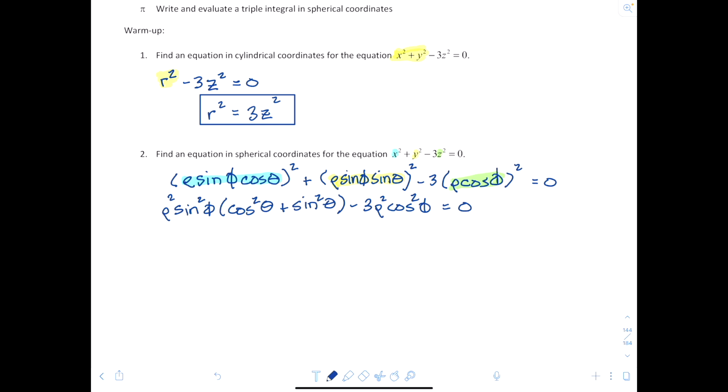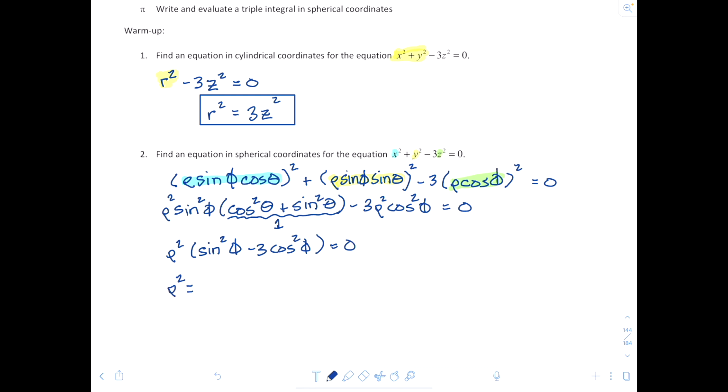So now remember that this right here is equal to, beautiful, 1. So now factoring out our rho squared, we will have sine squared phi minus 3 cosine squared phi is equal to 0.